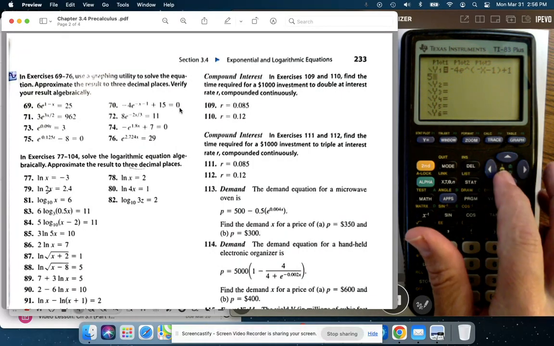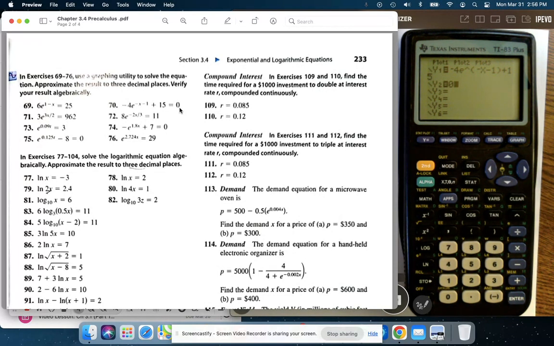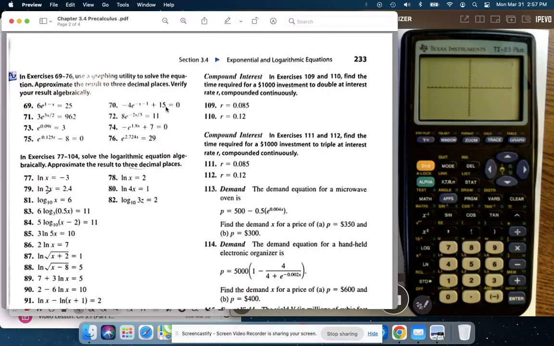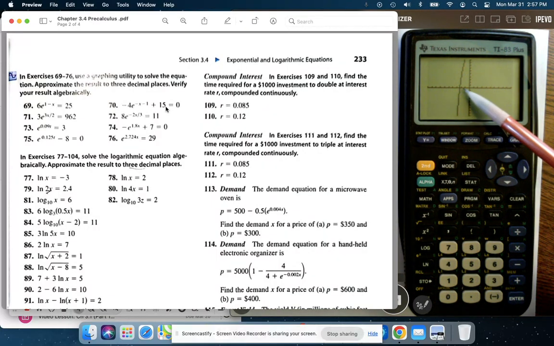If I wanted to, I could graph 0, but when I graph y equals 0, that's just the x-axis. Since it's equal to 0, I'm looking for the x-intercepts. This is plus 15, so that tells me it's going to cross the y-axis kind of high, but let's see what we get when we graph that. I can see that it crosses right here.